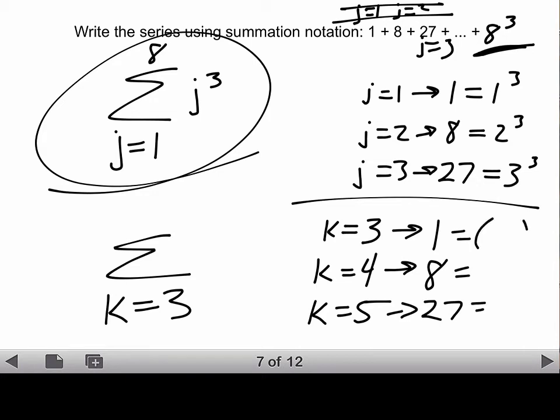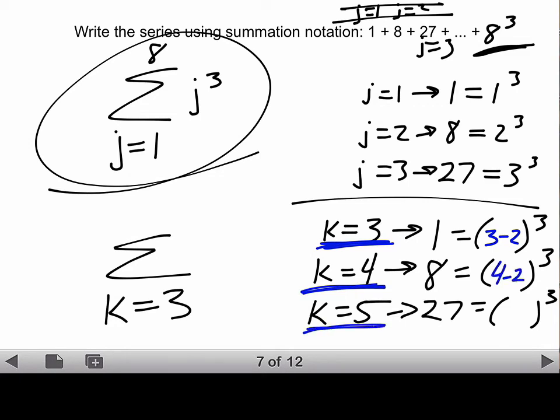But I need to relate what I'm cubing with what k is. So we know 1 is 1 cubed. If k is 3, then I'm really looking at 3 minus 2 cubed, right? If k is 4, I'm looking at 4 minus 2 cubed. And if k is 5, this is 5 minus 2 cubed.